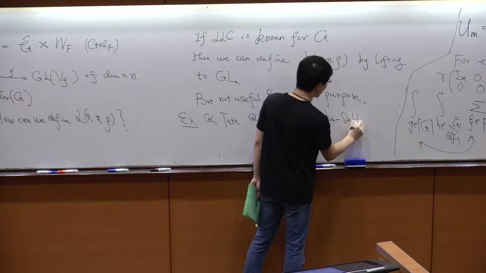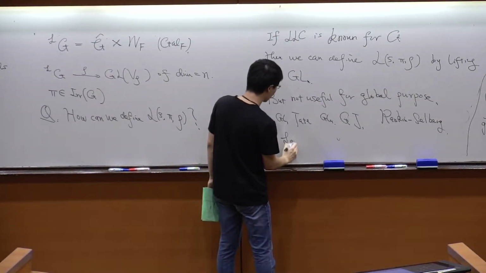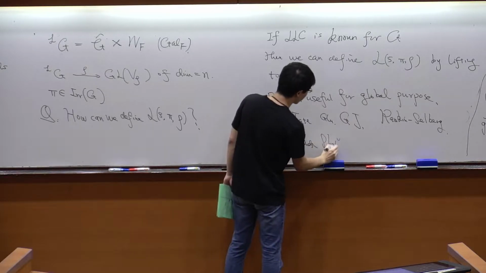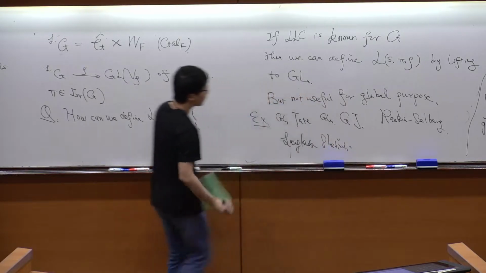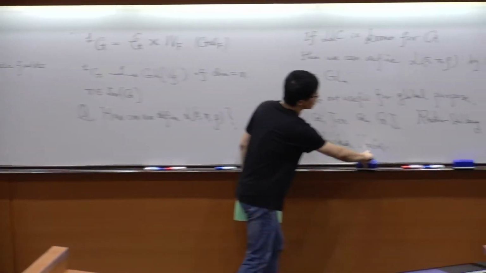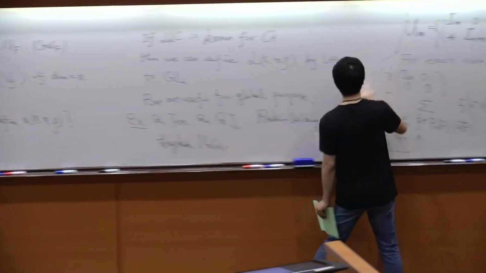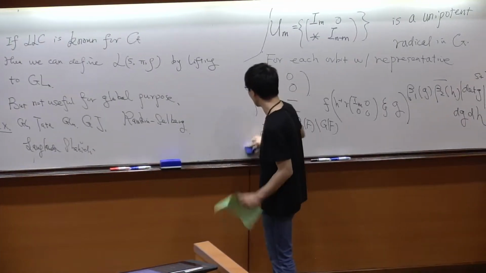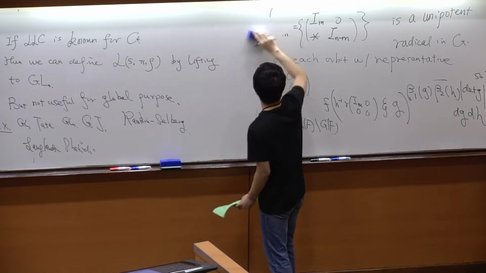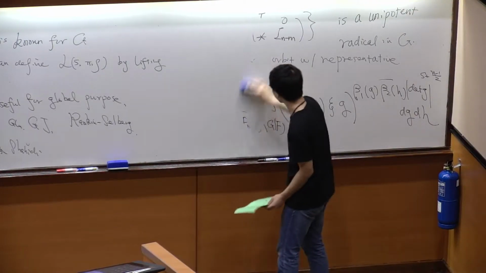And of course, the Langlands-Shahidi method as well. So we will mainly focus on the integral representation of L functions. And the Rankin-Selberg theory gives you the analytic properties of the L function for some special G and some special rho, but it cannot treat all the cases uniformly.